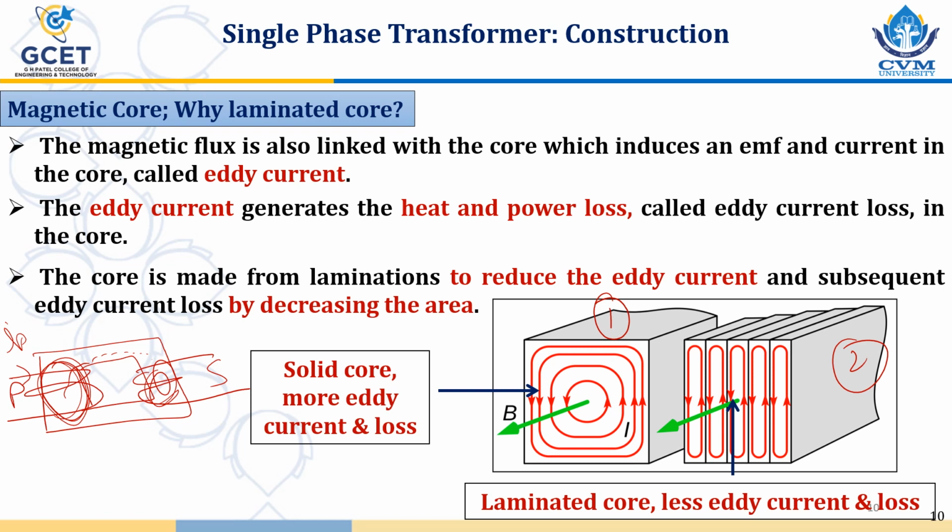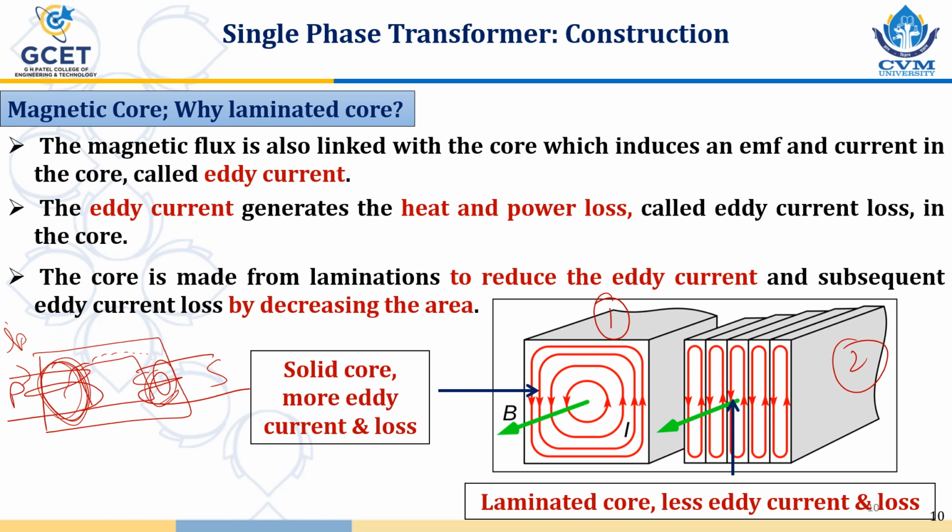Now remember, core is a magnetic material and magnetic material is also a conducting material, or a conductor. So flux links with the core material, and as per Faraday's first law, whenever there is a change in magnetic flux linkage with any conductor or coil, EMF is induced in it. So along with the secondary winding, EMF is also induced in the core because flux linkage occurs with the core also.